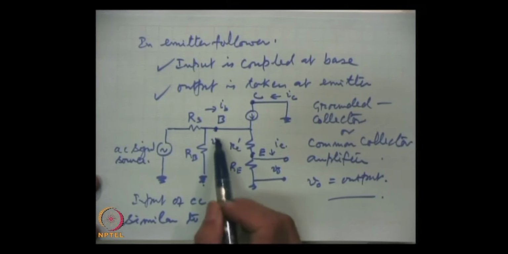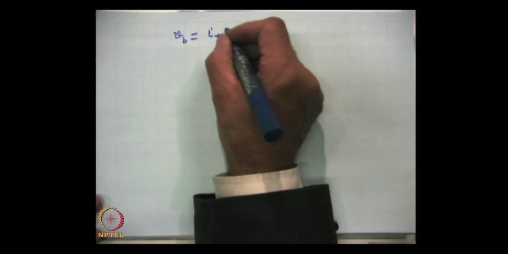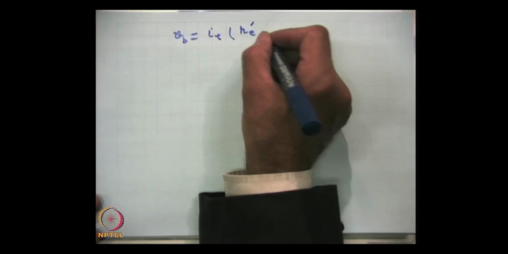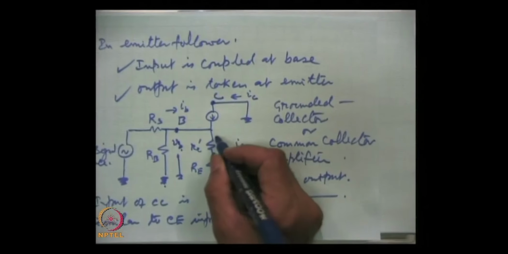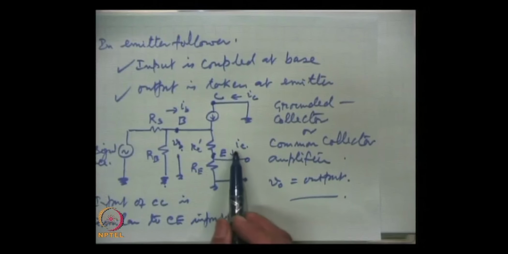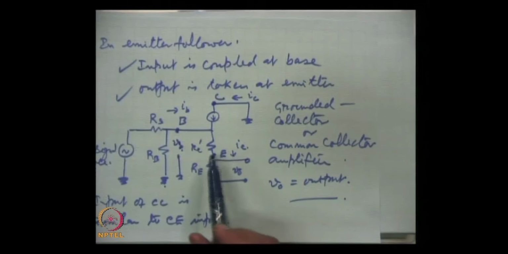So, the base voltage V B, if you will remember, turn the earlier pages and you will find that V B was equal to I E into R E prime plus R E. The current flowing through these two resistances, R E prime and R E, in series, is I E. So, simple Ohm's law tells us the voltage between this terminal and this terminal.